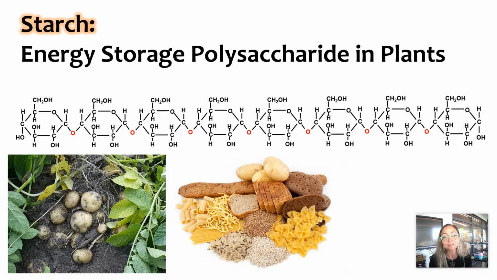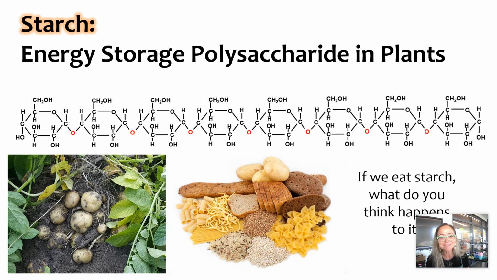And so when you eat potatoes, rice, pasta, wheat, this is going to be the starch that the plant made to store energy. And this is why when you eat these carbohydrates, you have extra glucose within your body that you can use for energy, right? And so when we eat starch, what do you think is going to happen to it?